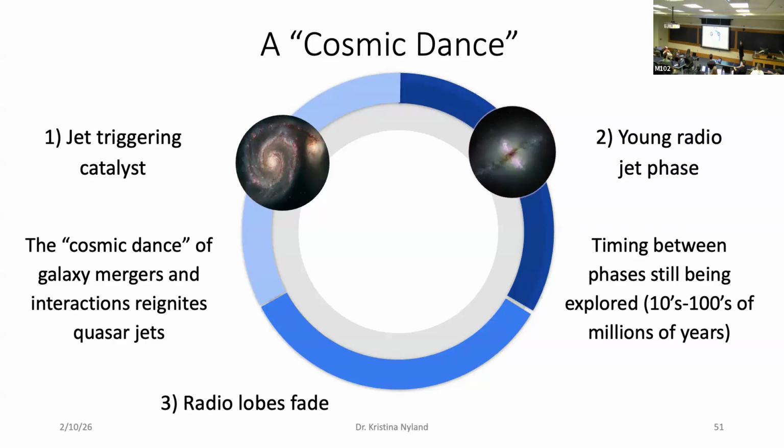The jet then forms, and you have this interesting young and compact phase where the jet is confined within the lobes. Still exploring the time in between phases, but 10^7 to 10^8 years later, those lobes faded and are only detectable at low frequencies, and then the source has a chance to perhaps be re-triggered again.